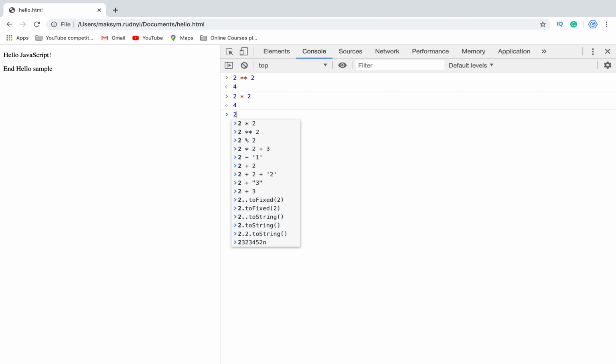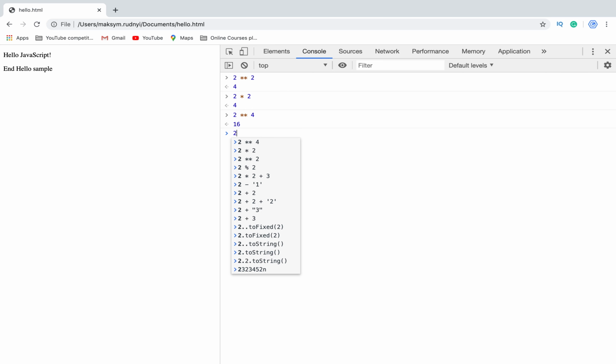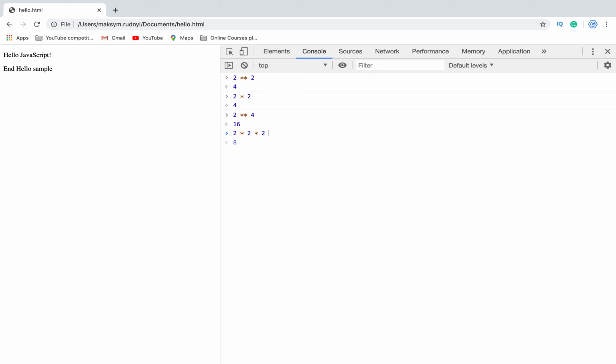Another case, 2 exponential 4 is 16, it means that we need 2 multiplied by 2 multiplied by 2 multiplied by 2, 4 times.